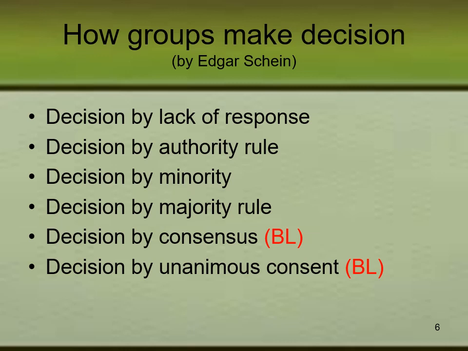In easy words, decision by majority rule is whereby the majority of the group members agree on the decision. Majority here means most of the group members. Sebilangan besar daripada group member tu bersetuju dengan keputusan yang dibuat. And normally majority rule here uses voting to make decisions.